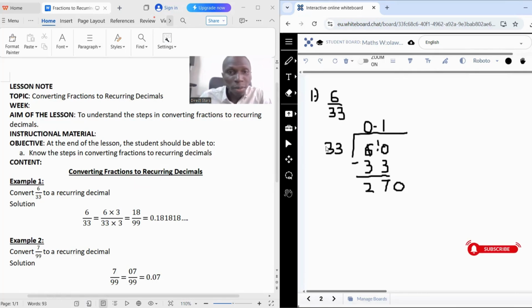Now, 270 divided by 33, we're going to have this to be 8. Then 8 times 33, we're going to have this to be 264. So we can subtract this. We're going to have it to be 6.